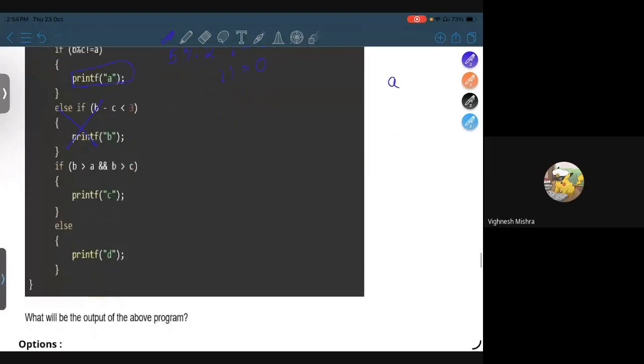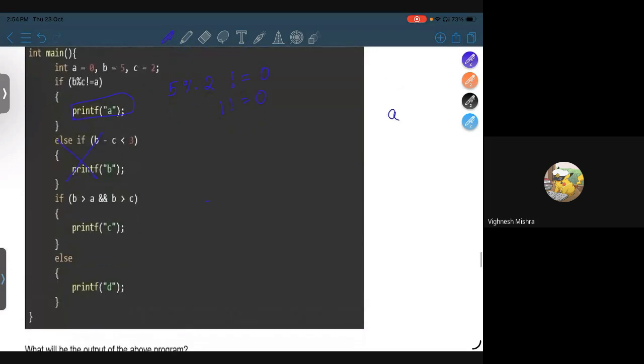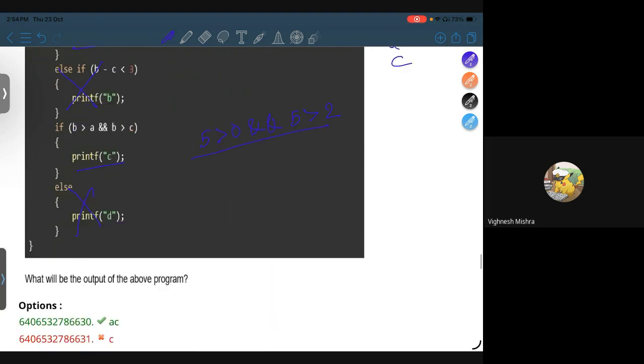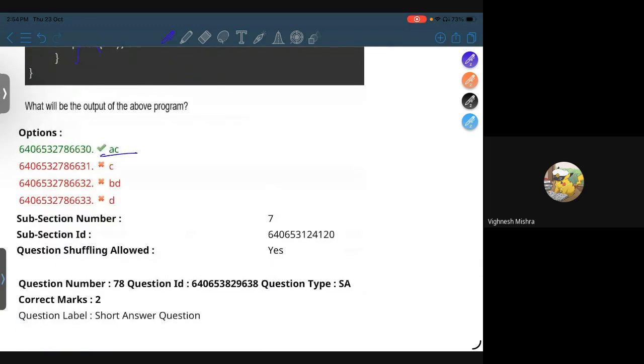And then again, next if, printed, and this will again be skipped. So A and C will get printed. Wow.